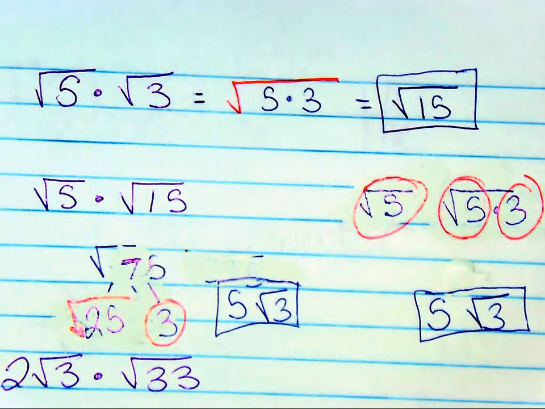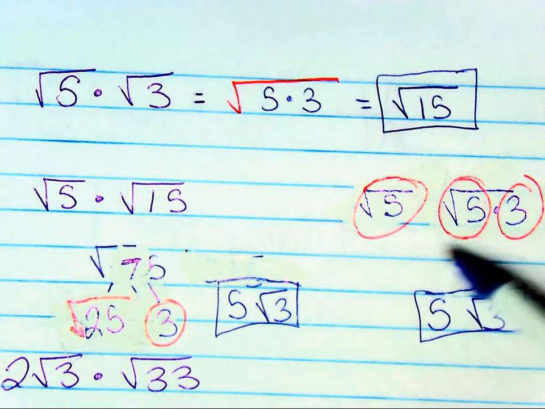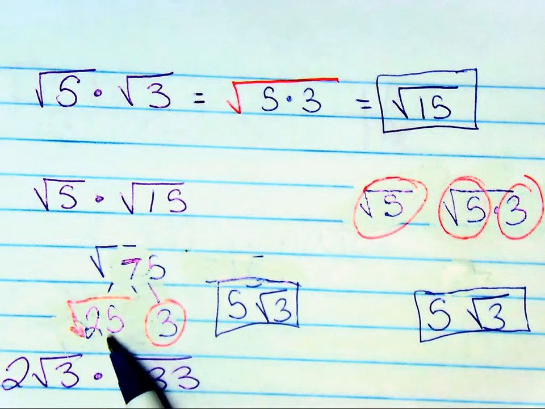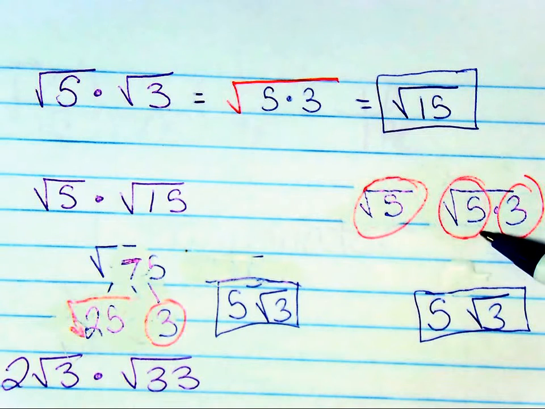The advantage to doing it this way is when you are dealing with larger numbers, it's easier to break them down. Some people might not see that 75 is 25 and 3, and by breaking the numbers up and factoring before you multiply, it's easier to do the problem.